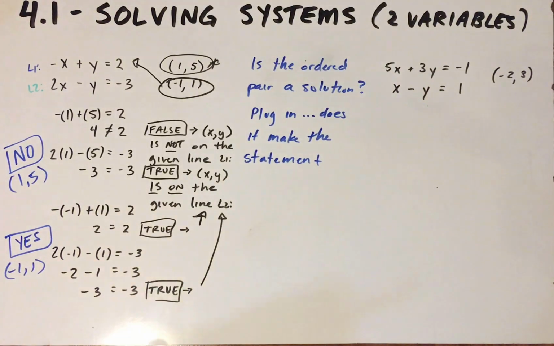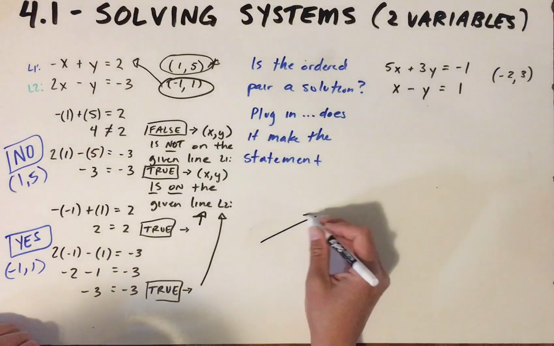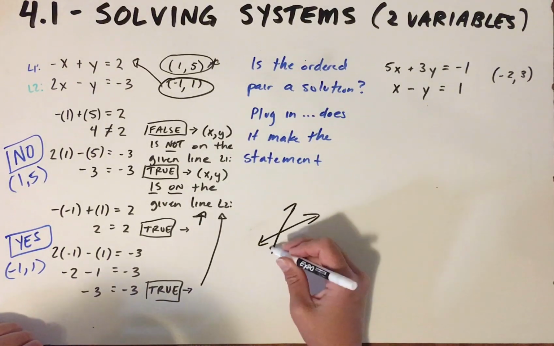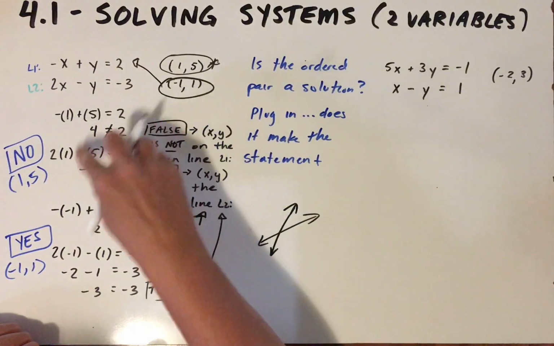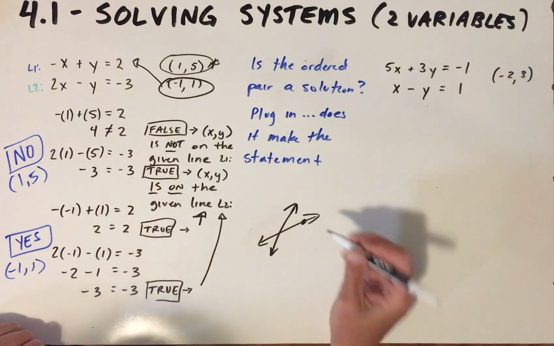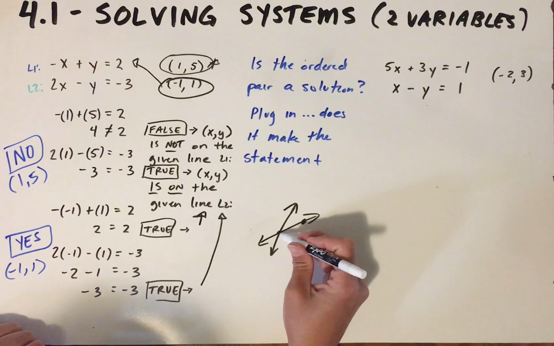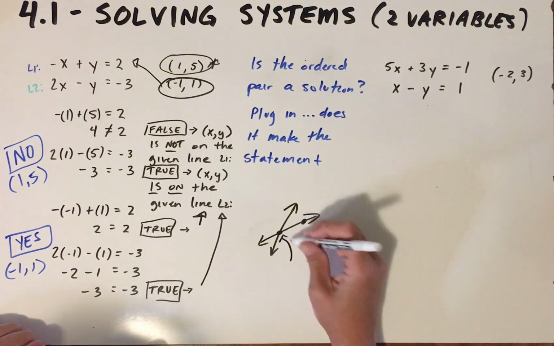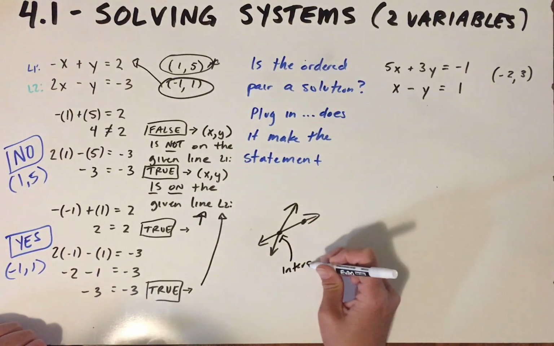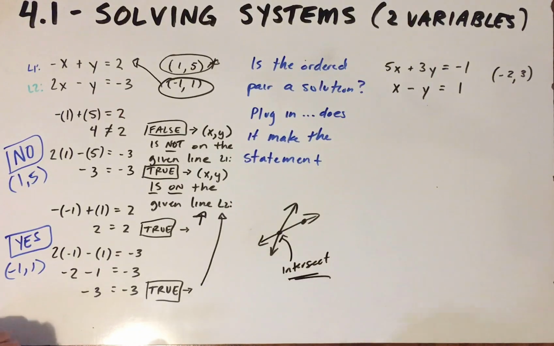And the reason why is because it lies on both lines. If you think about two lines that look like this, maybe we're talking about a point like this, and we're like, yeah, it lies on this line, but not on this one. But if it lies on both, it's the point where they intersect. And that is what makes it the solution.